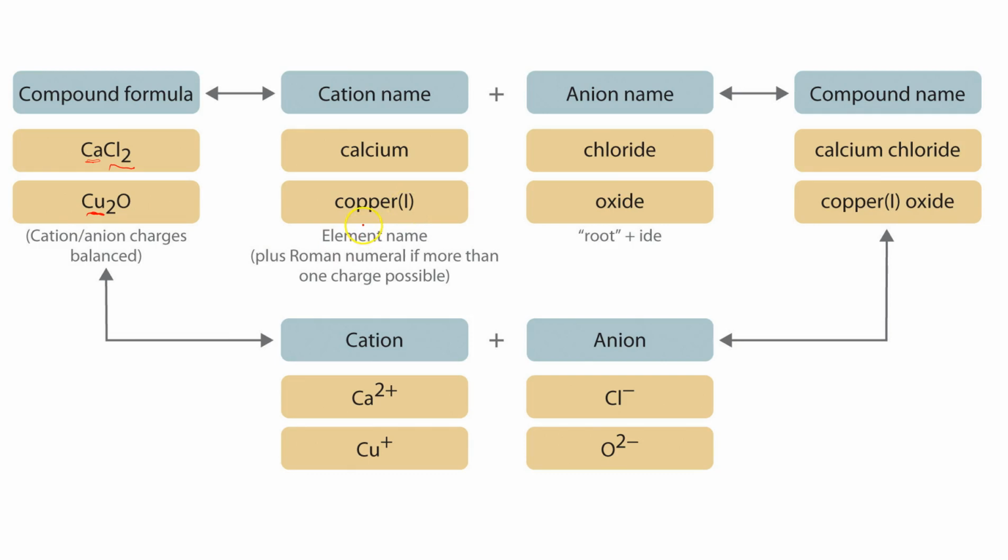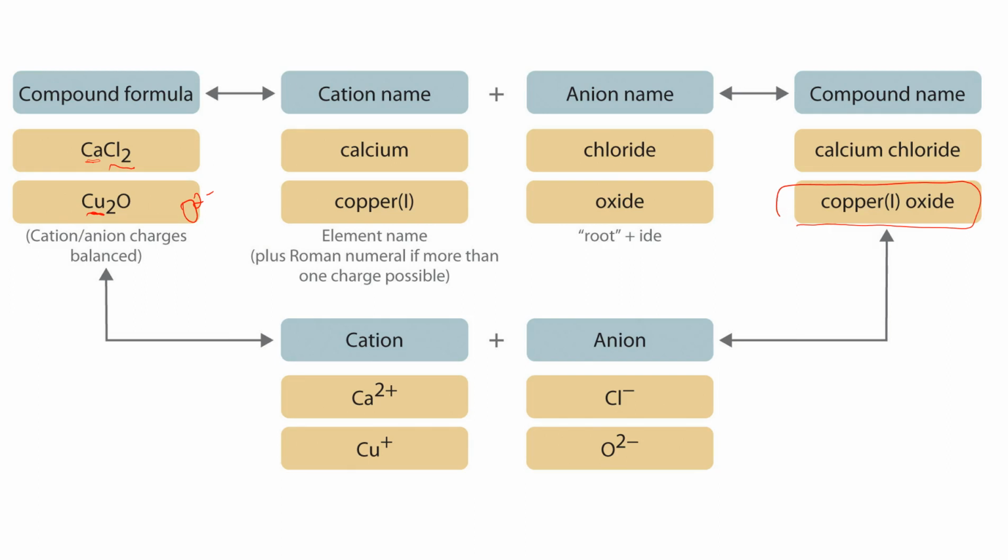And we know that this one is going to be copper 1 because I have 2 coppers and just 1 oxygen. And hopefully you remember that oxygen forms 2 minus anions. So this means that we'd need 2 of the coppers to form our oxide. So we have copper 1 oxide, the full compound with the Roman numeral there.